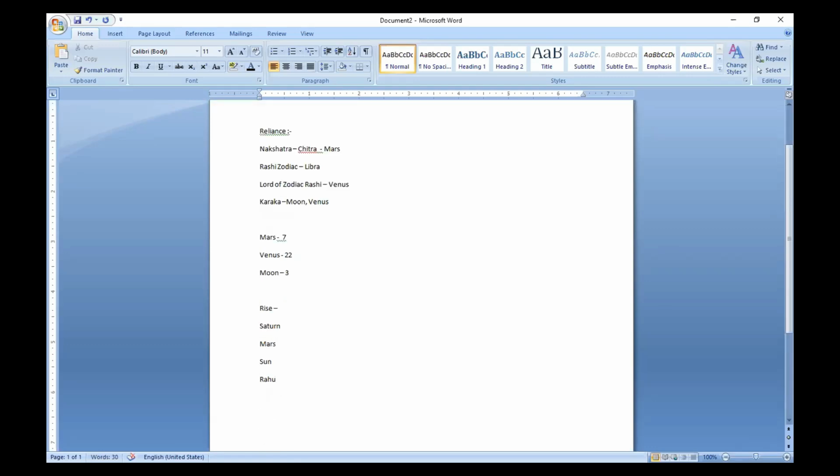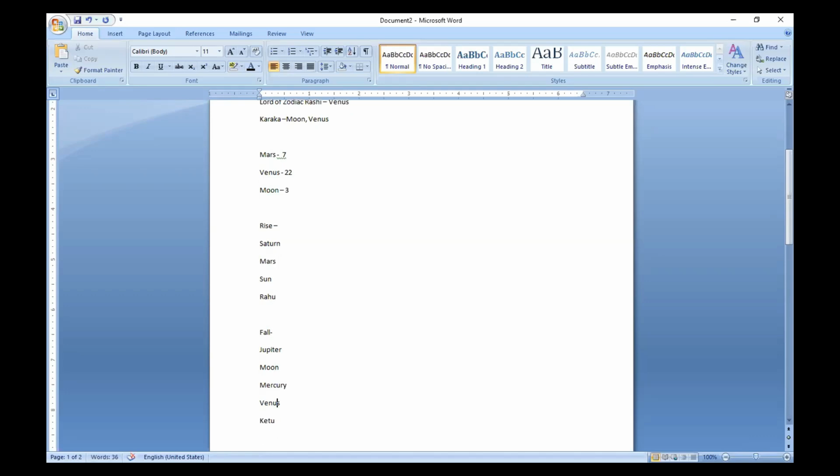And for fall: Jupiter, Moon, Mercury, Venus, and Ketu here. Initially, you said Venus is for the rise? That I will show you later. For now, just take this. Venus, when it will behave for the rise, I will reveal later. For general purpose, we will take Venus as a planet which can create fall.